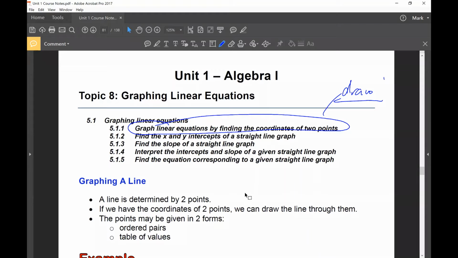Like business students, you're going to be graphing revenue versus, what is it? Profit. Interest. So you'll be graphing revenue and interest and looking at profit. You'll be graphing all the time in business to look at things like money or revenue.